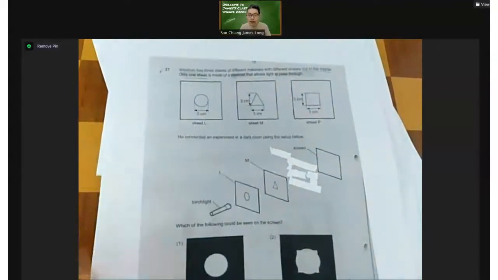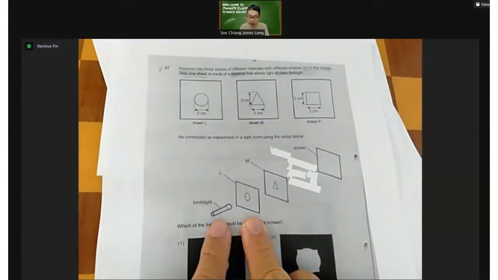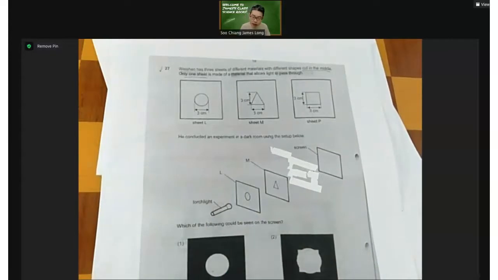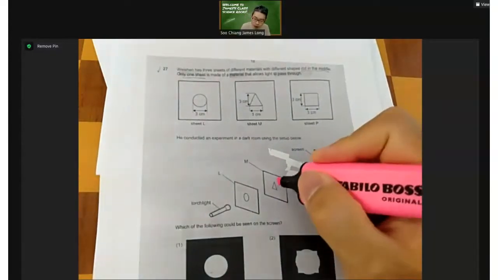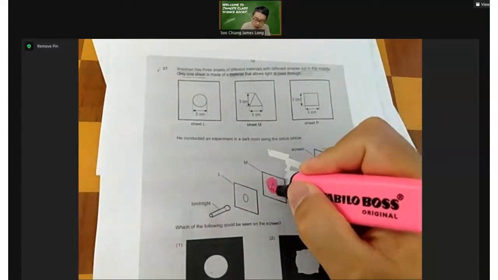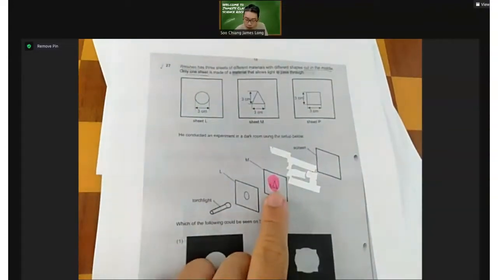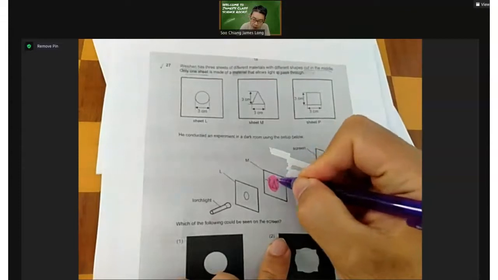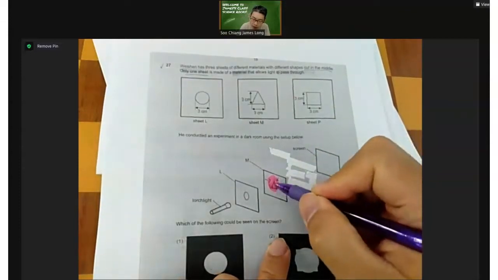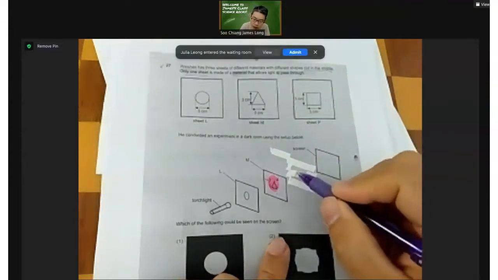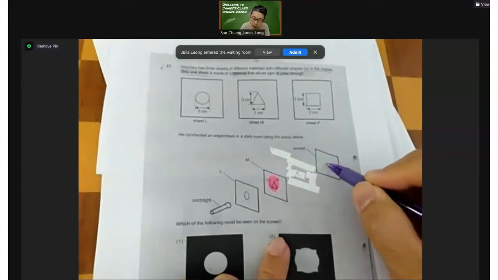So it actually looks just like this. Remember, this is the one that is nearer to the light source. So a larger circular light source will form on this. So the light that passes through this part here will all be blocked. Only this one can pass through. Light that is triangular in shape can pass through and shine on this.